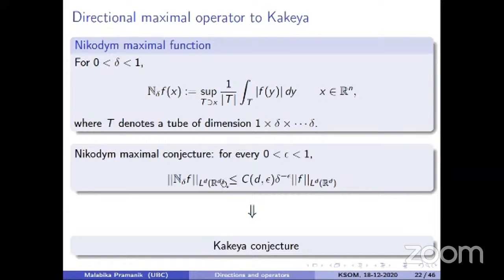The Nikodym maximal conjecture asserts that the maximal operator N_delta maps L^D of R^D to itself with an operator norm that grows sub-polynomially in 1 over delta. It is known that this implies the Kakeya conjecture. More precisely, if you have a fixed alpha here, that would imply a lower bound on the Hausdorff dimension of the KB set.